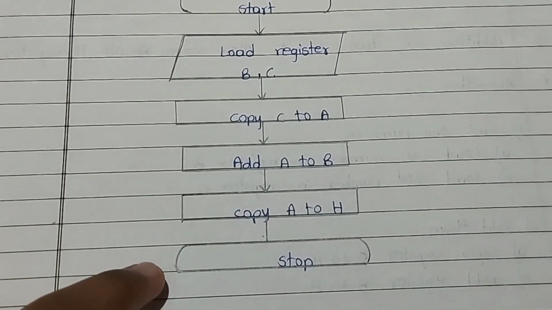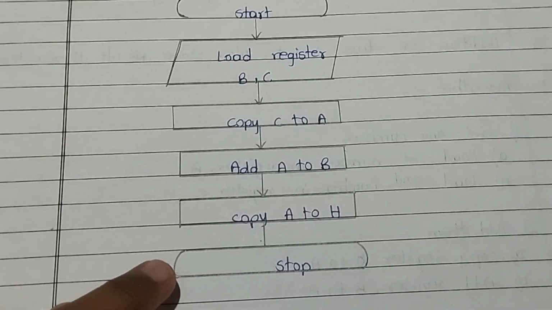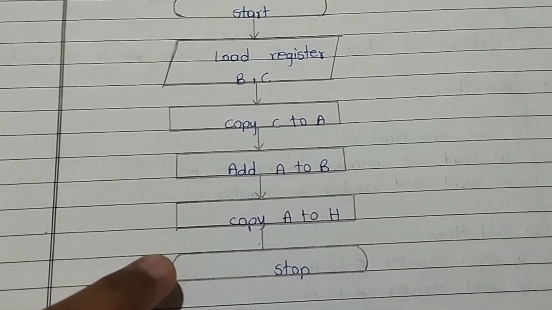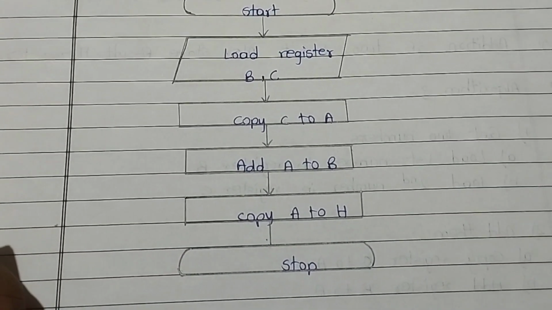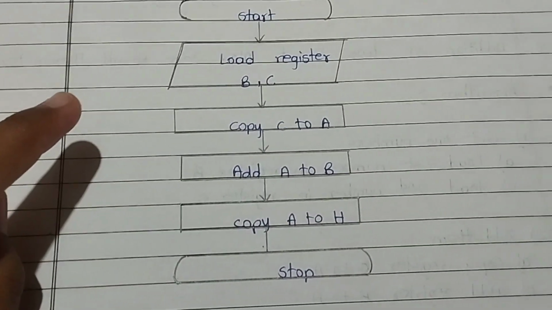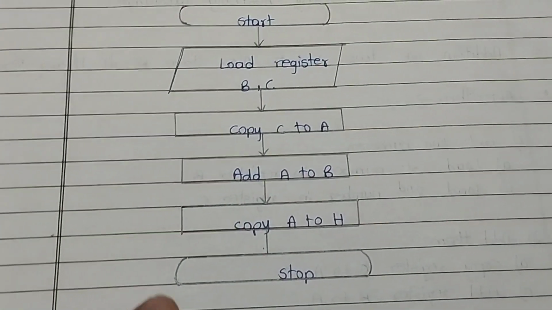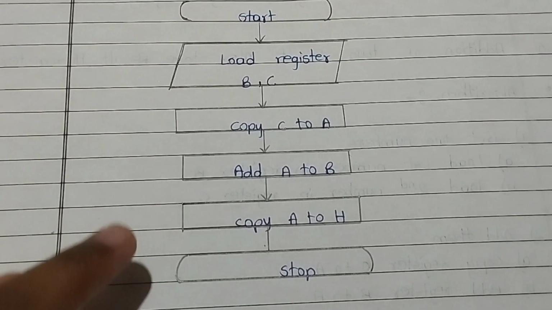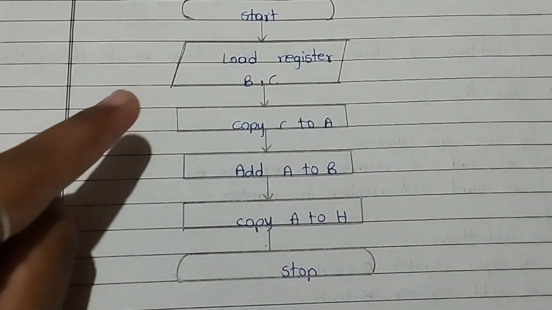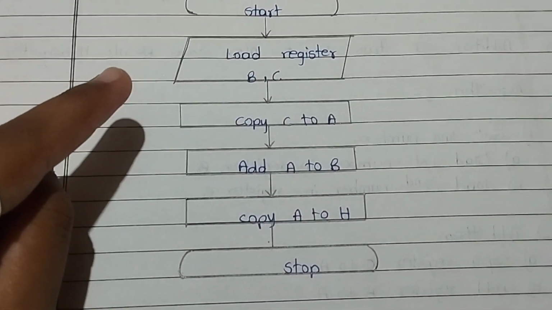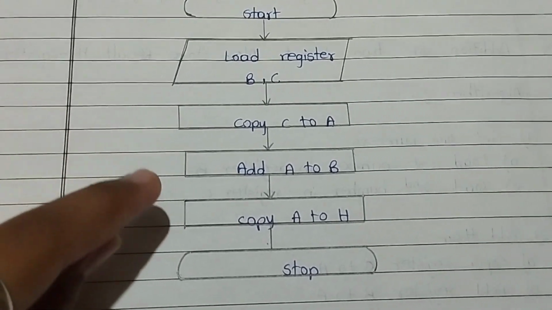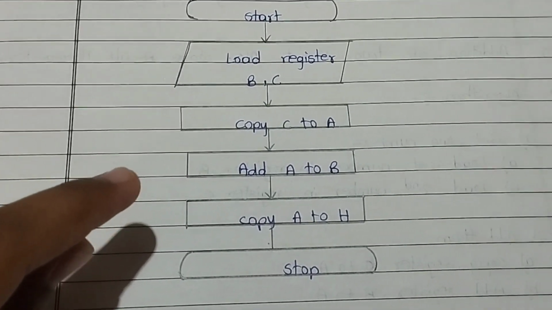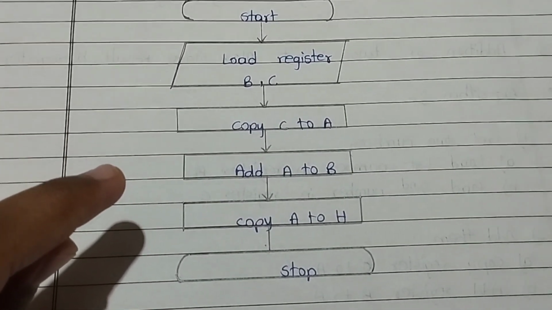And now stop the process. For that purpose we again draw a circular rectangle. So always remember, start and end are drawn as a circular rectangle, for input and output we draw a parallelogram, and for processes we draw simple rectangles.